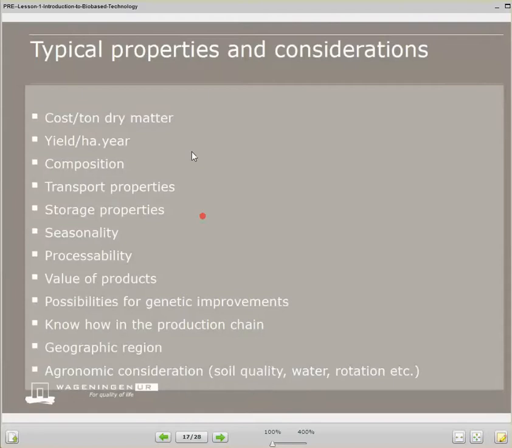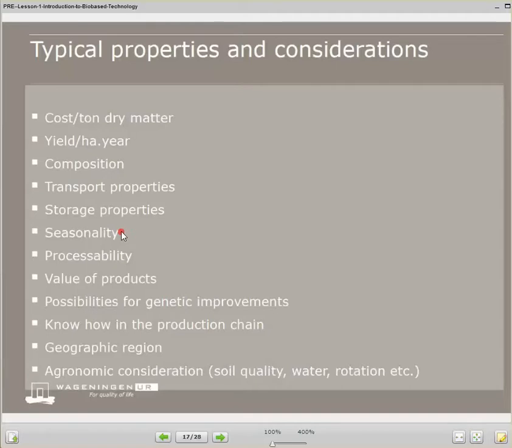Yeah? So here are a lot of the typical considerations for this biomass. What's the cost per dry matter ton? The yield, the composition. I would say these two are probably the most interesting. Transport costs, storage properties, seasonality.